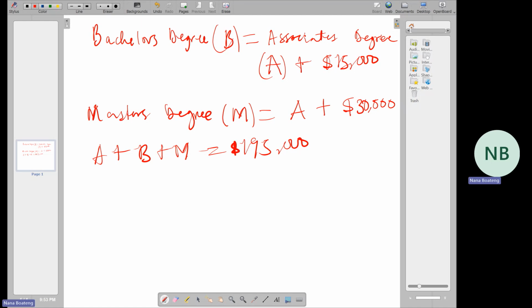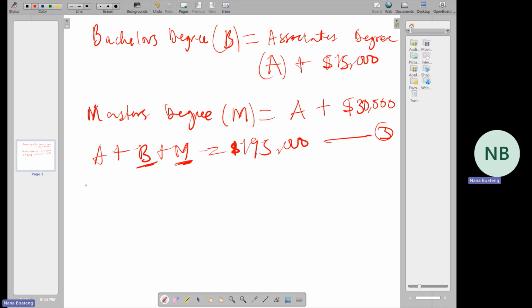Since we know B is equal to A plus 15,000, and we also know that M is equal to A plus 30,000, we can substitute B and M into this third equation here. From there, we would be able to find the income of an associate's degree holder.